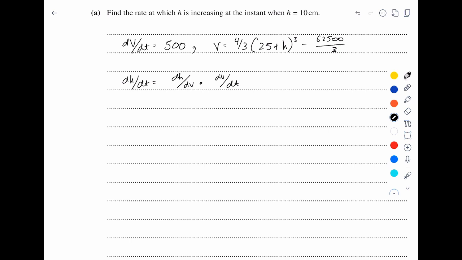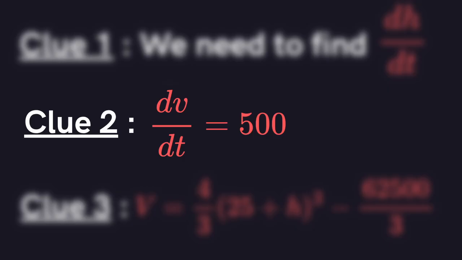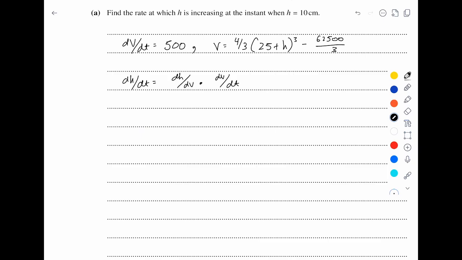Okay, so now we have 2 components that make up dH by dt. We know that dV by dt is equal to 500, so we can simply leave that one there. Which means by extension, we only need dH by dV. But there's a problem. Can you see it?